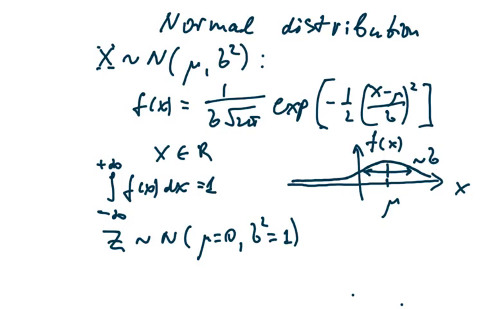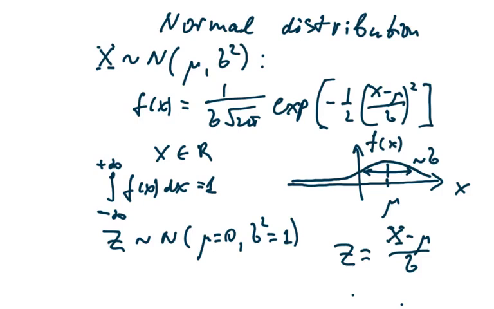The link between random variable X and random variable Z is given by the following formula: Z is equal to X minus mu divided by sigma. I illustrated this in the last lecture.